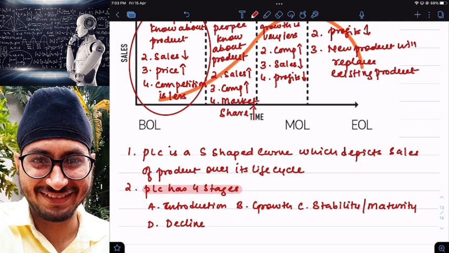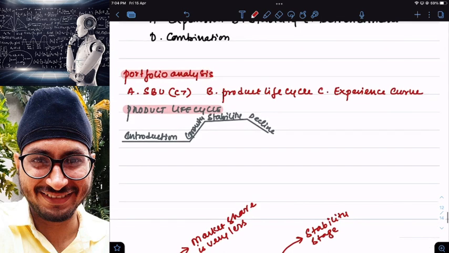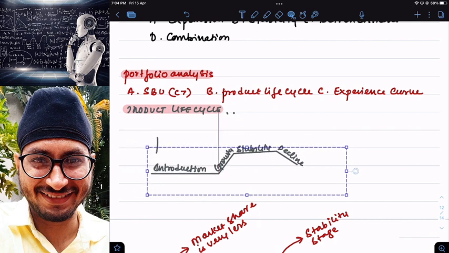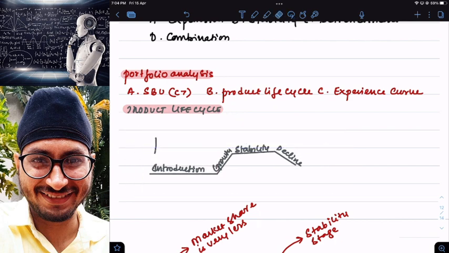No doubts? Okay. Then the next concept we have here is the experience curve. Clear? Now, what exactly do we mean by experience curve?